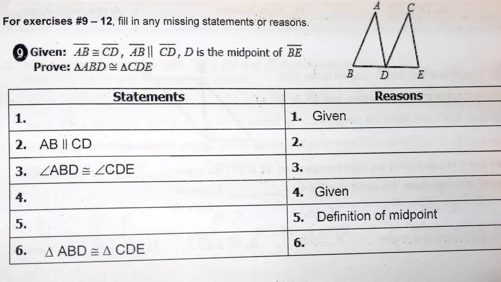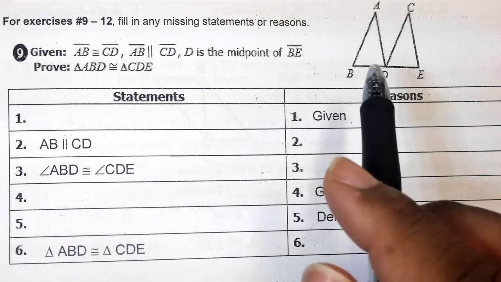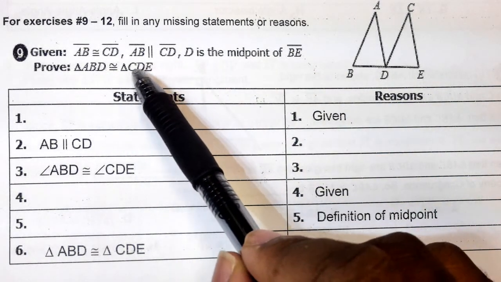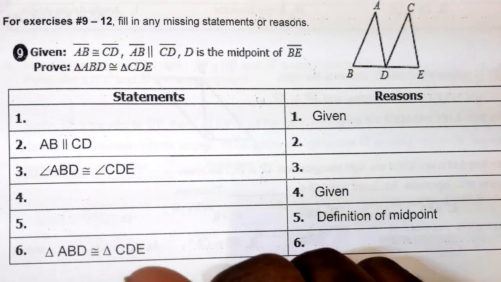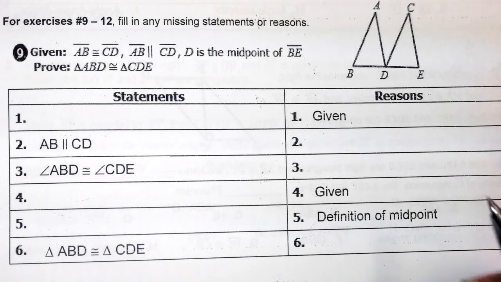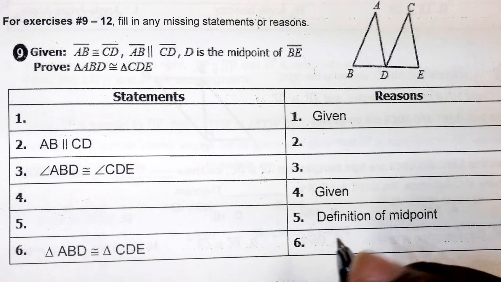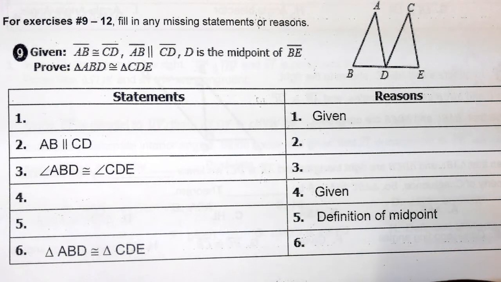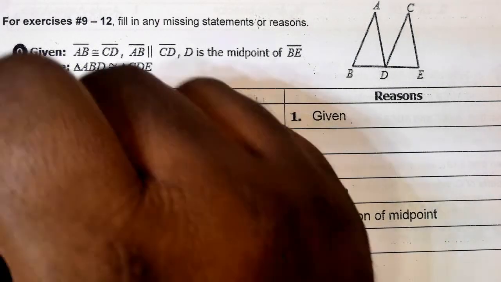Number 9. So it gives you this information up top, Tim. Then it says prove triangle ABD is congruent to triangle CDE. You got statements and reasons missing. See if we can go through and fill this out. Number 1, what statement would you put in there, Tim? Segment AB is congruent to segment CD.